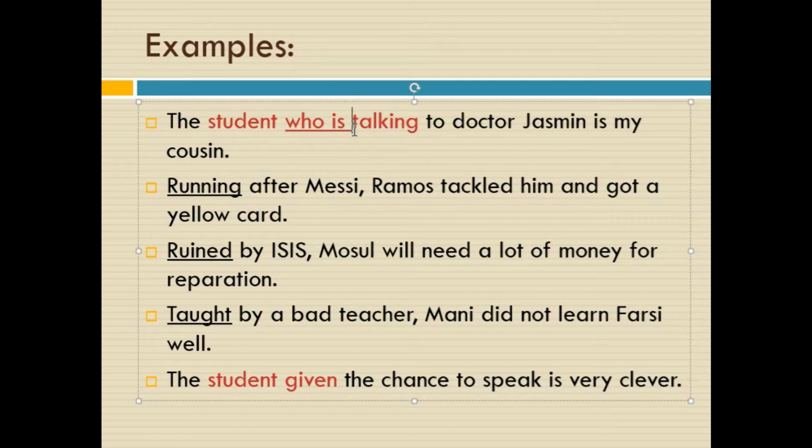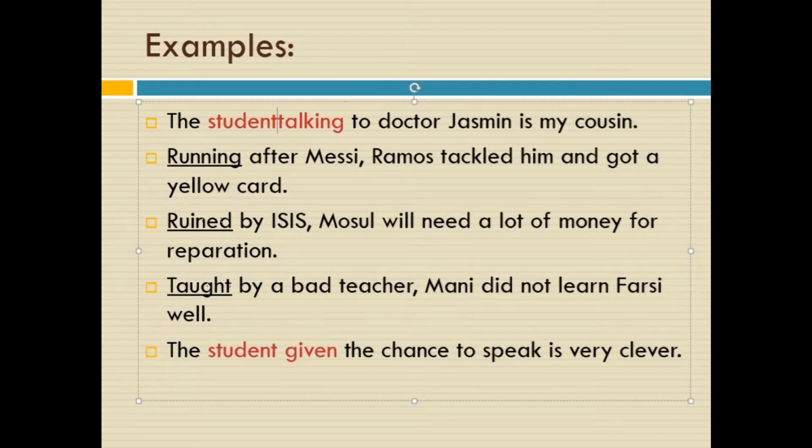But because my relative clause has "who" in it, and it is also the subject of both sentences, plus I have a to-be verb, I can ignore that part completely and still have a meaningful sentence. So this is my participle here.